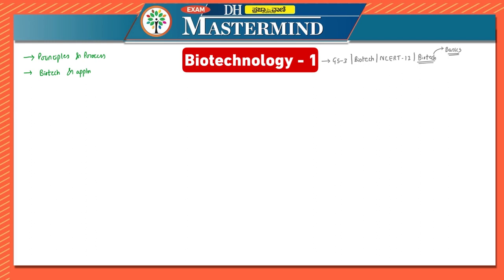So what exactly is biotechnology? The word itself is divided into two parts. The first one is bio, which is life, and technology. Using this in technology, for what? All those things we'll be discussing.